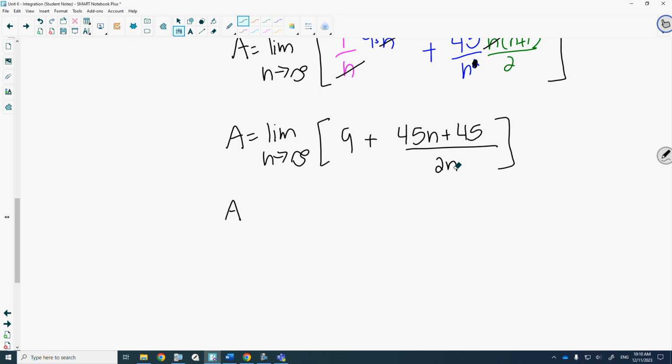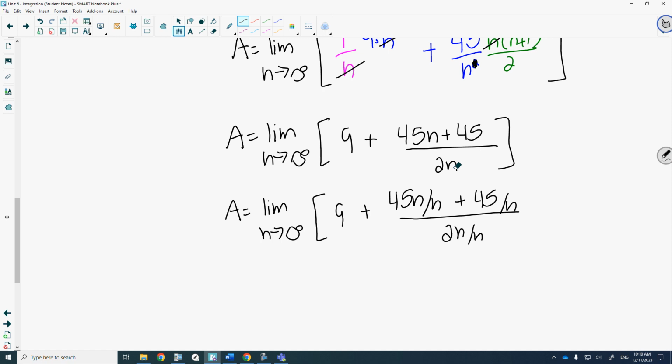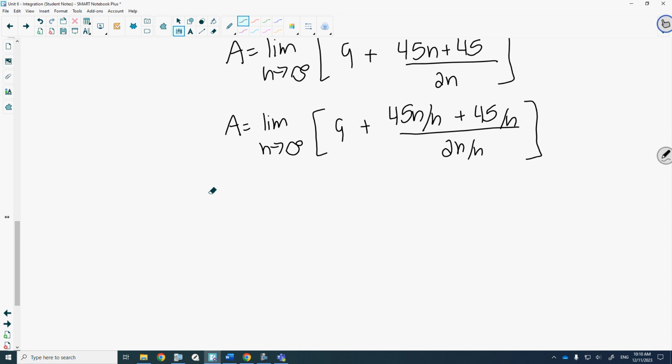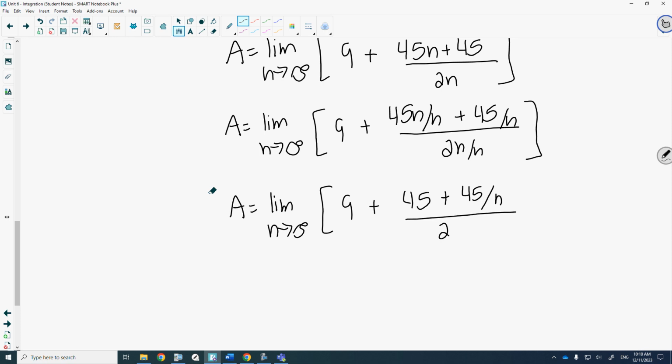So that's going to give me the limit as n approaches infinity of 9 plus 45n over n plus 45 over n, all over 2n over n. That will give me 45 plus 45 over n, over 2.